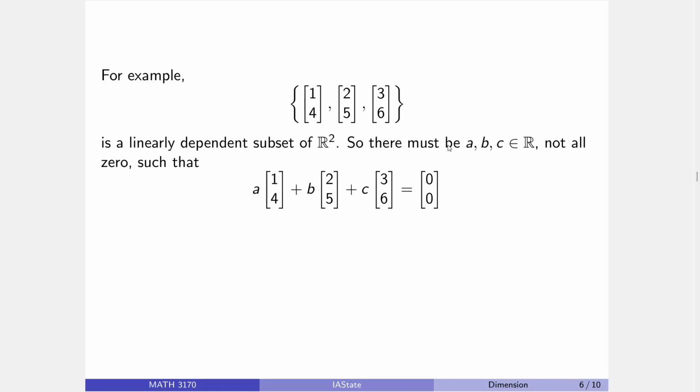So that means I can find A, B, and C, so I can scale and add them up and get 0, and they're not all 0. And it's not too hard to verify that -1, 2, -1 is going to do the job. Alright, nice. So this is going to be a very powerful and useful fact for us. If you have a list of elements in Rn, and you've got n plus 1 or more elements, we immediately know you're linearly dependent.